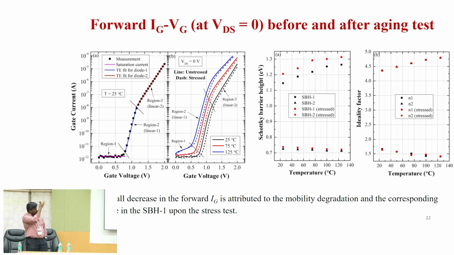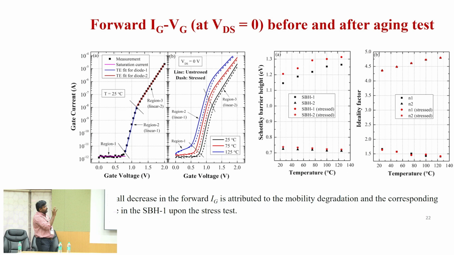In that case, if you draw the energy band diagram, you will get a barrier height lower than what you get at room temperature. That is the typical ideal behavior of a Schottky barrier diode. Here the barrier height is increasing with temperature, so it is not following the ideal characteristics, it's non-ideal. But the ideality factor also increases.